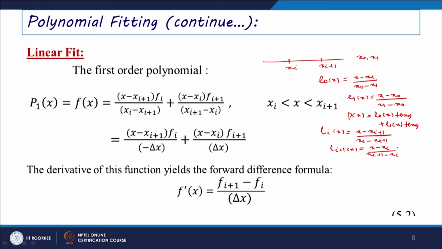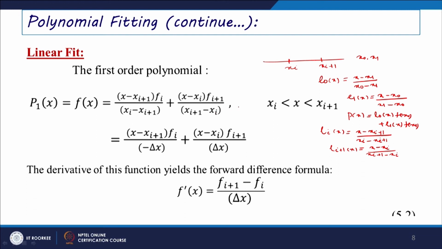So the complete polynomial can be represented as (x minus xi plus 1) divided by (xi minus xi plus 1) into f of xi, plus (x minus xi) f of xi plus 1 by (xi plus 1 minus xi).